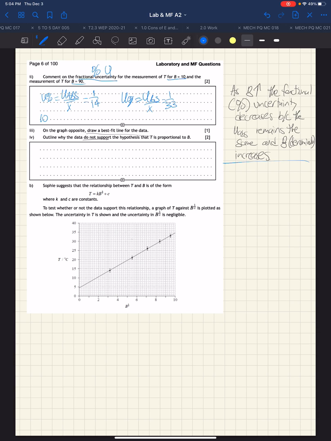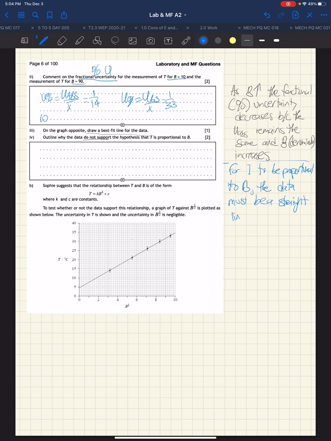For T to be proportional to B, the data must be a straight line.